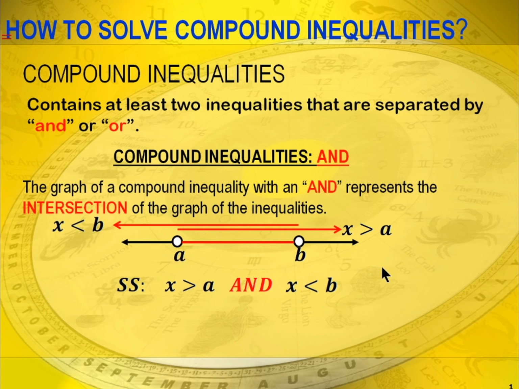So the intersection would be all real numbers between point A and point B, and taking note, point A and point B are not included. So that's "and." The solution set in interval notation is (A, B). We're using the parentheses, which shows that A and B are not included.